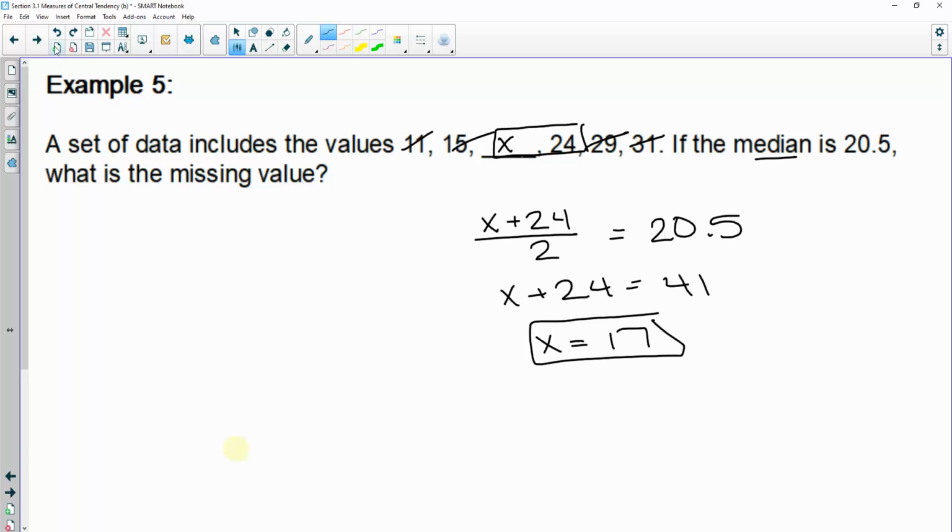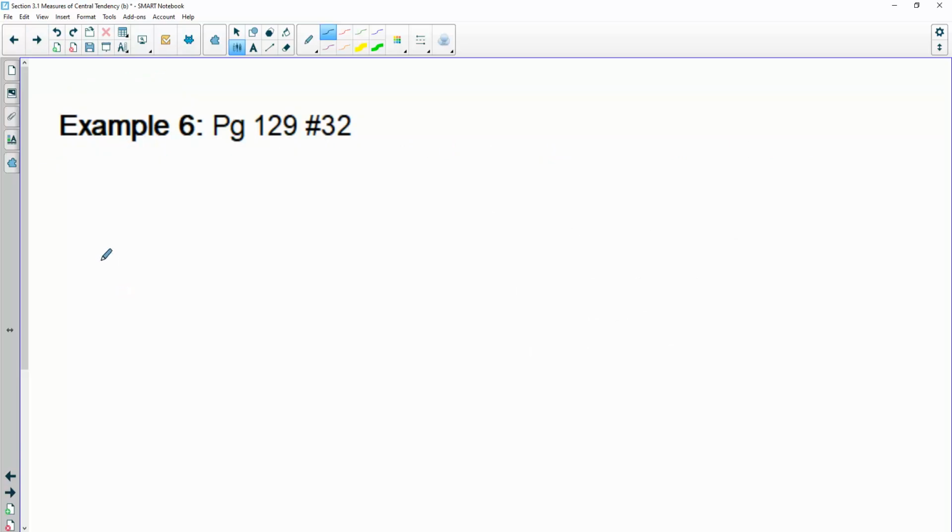The last one, I just want to look at a problem in our book. So if you turn to page 129, problem 32.